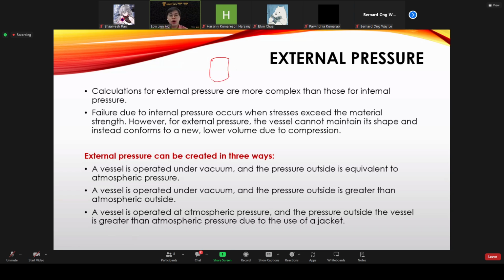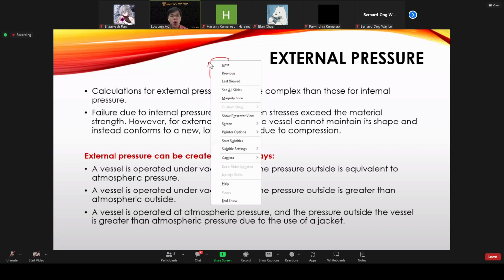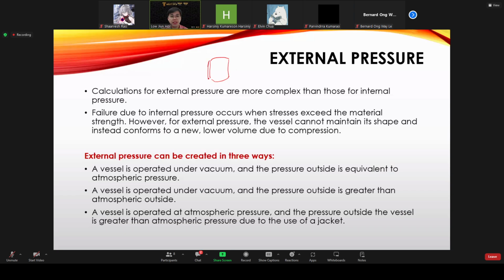Last week we only dealt with the pressure inside the pressure vessel. That's why the pressure we covered last week is also known as internal pressure. For external pressure, that means now we need to make sure the wall or the shell of our pressure vessel is strong enough and thick enough to support the pressure outside the pressure vessel.